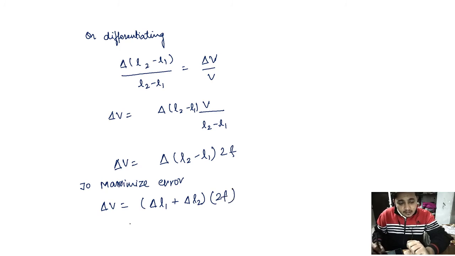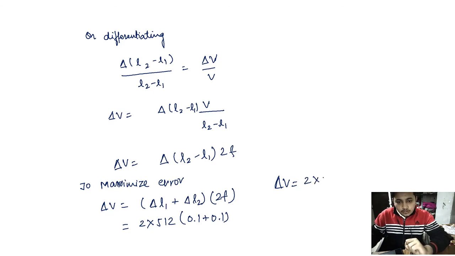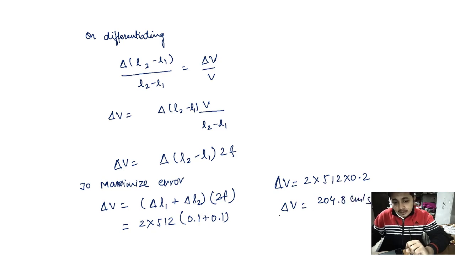Now writing the values of delta L1, delta L2 and 2f, we get the value of delta V. So substituting that, 2 into 512, that is the frequency given to us, into 0.1 plus 0.1. On solving this we get delta V is equals to 2 into 512 into 0.2. On multiplying this we get the value of delta V, that is 204.8 centimeter per second. That is the value of delta V.